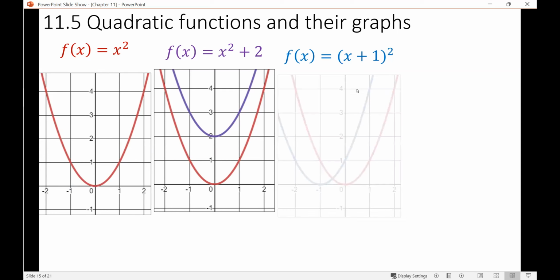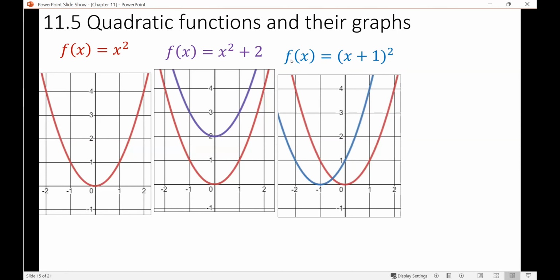So by adding something to x before we do anything else to it, it shifts us to the left. If we subtracted from x, that would shift us to the right. Our vertical shifts are intuitive: if you add, you move up.